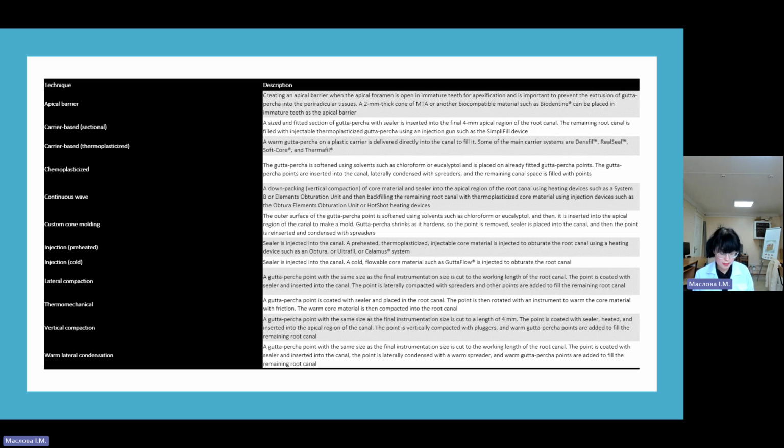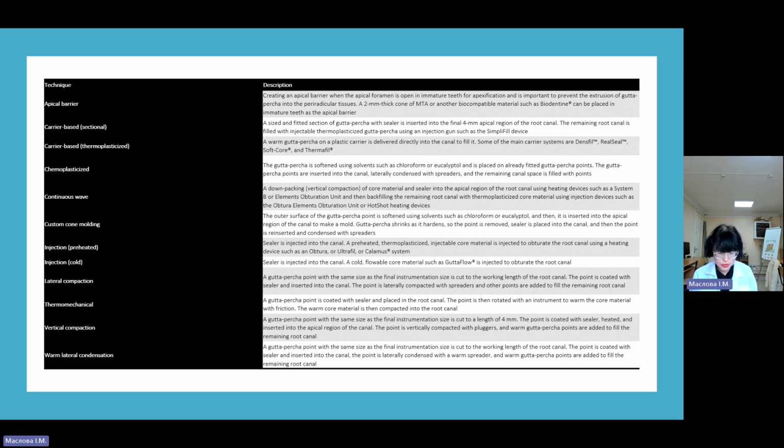GuttaFlow has a working time of 15 minutes and a setting time of about 30 minutes, whilst GuttaFlow Fast has a working time of 5 minutes and a setting time of 10 minutes. A potential concern is extrusion of material beyond the apex, although its cytotoxicity is lower than that of some other sealers.